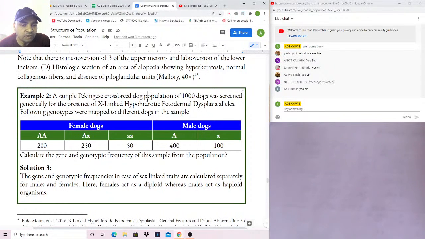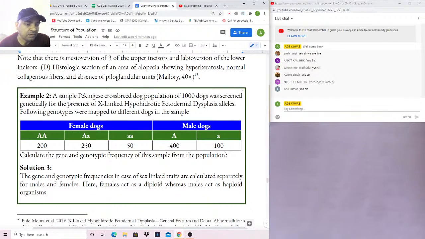Now we will try to understand what the allelic and genotypic frequencies would be in a population for this particular type of disease. For example, a sample of a Pekingese crossbred dog population of 1000 dogs was screened genetically for the presence of X-linked hypohidrotic ectodermal dysplasia alleles. The following genotypes were found in the sample.